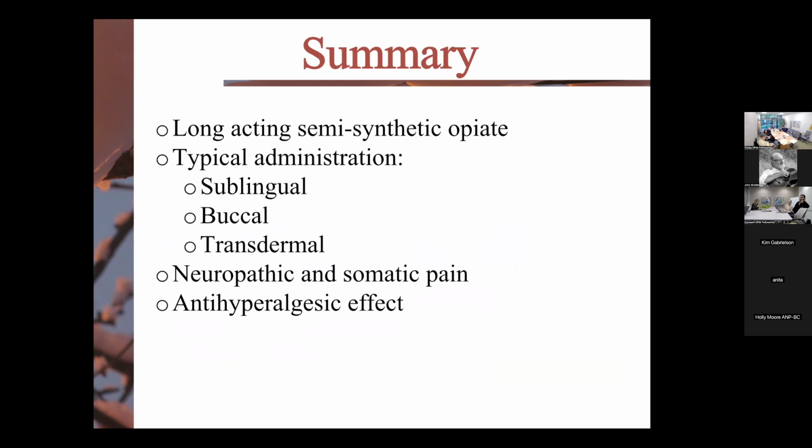So in summary, it is a long-acting semi-synthetic opiate. Typical administration, again, is not oral, but either sublingual, buccal, or transdermal. It can be an excellent one for neuropathic or somatic pain, and it really does have that great anti-hyperalgesic effect. So it can be very good as another medication to consider when you're looking at neuropathies or other neuropathic pain.